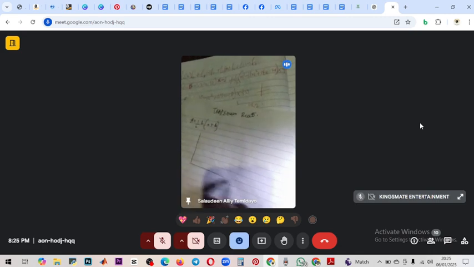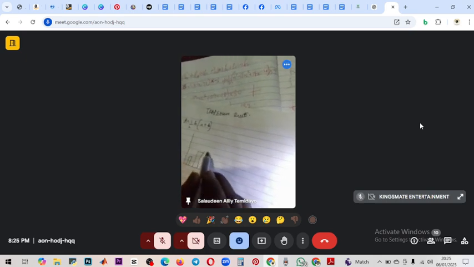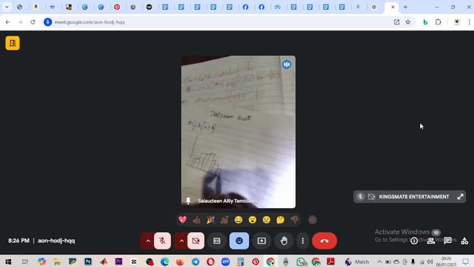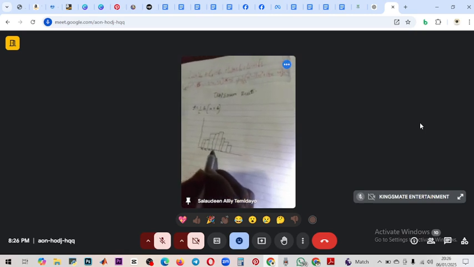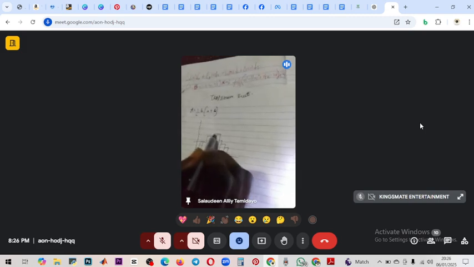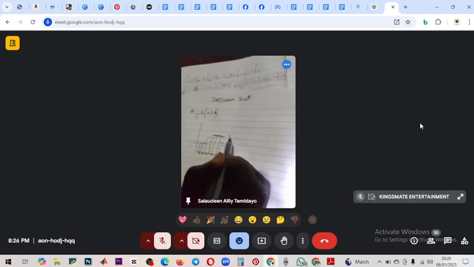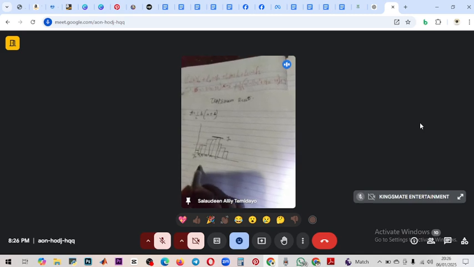So if these are different functions, let's say x1, x2, x3, x4, x5, like that, the biggest one will serve as my yn, and the smallest one will serve as my y1.